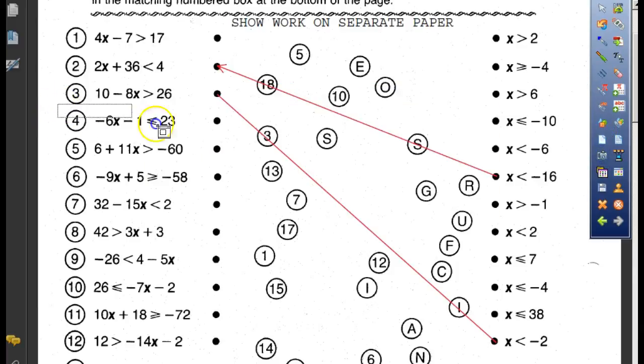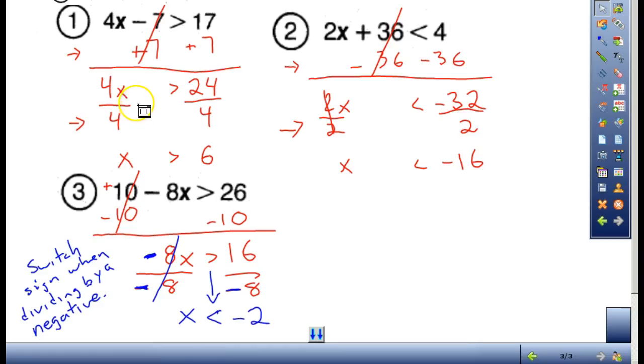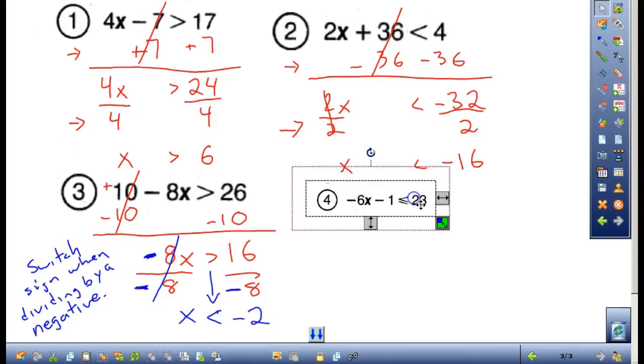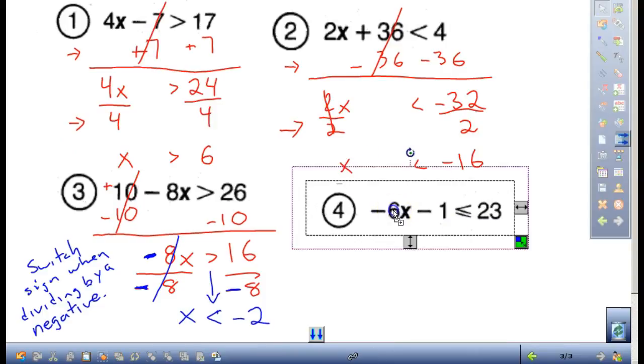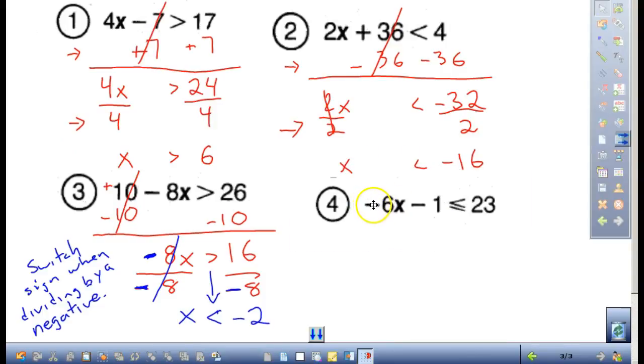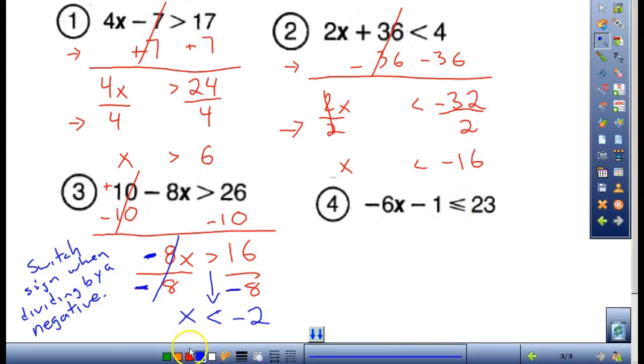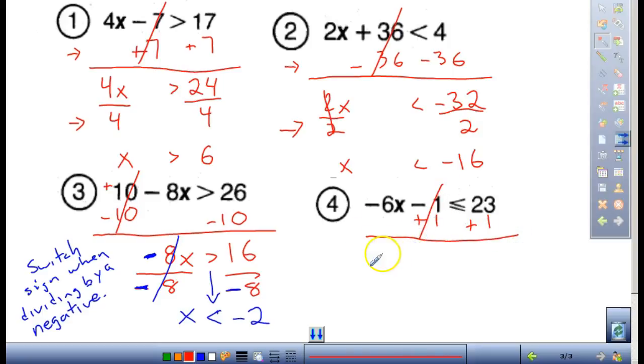Let's do number 4. Now, are we going to have to flip the sign on number 4? Yes, you can tell from the very beginning, since the number in front of the variable is negative, so we will end up flipping this sign. So you can figure that out ahead of time. But first, we have a -1, so I'm going to add 1. That equals 0.